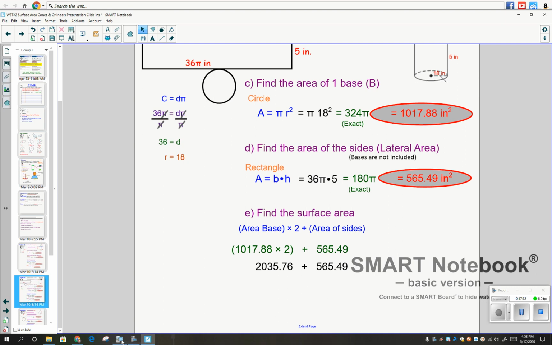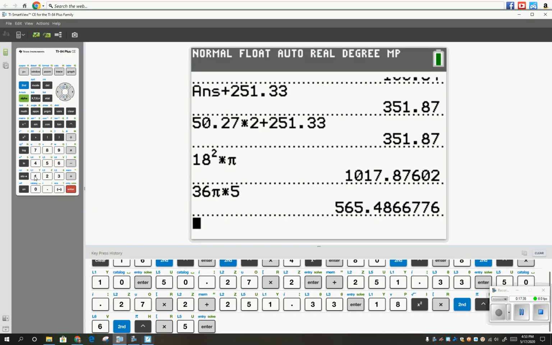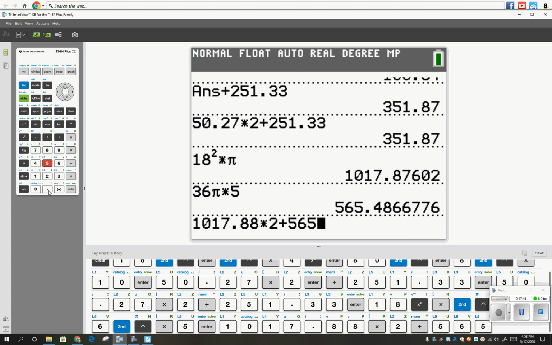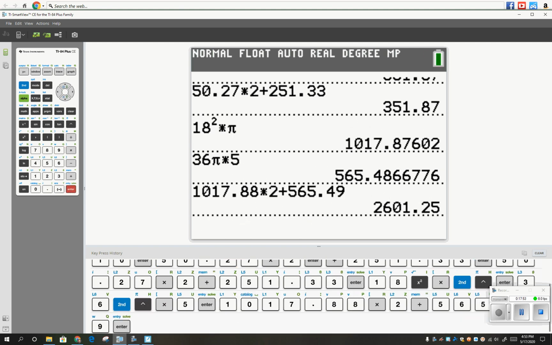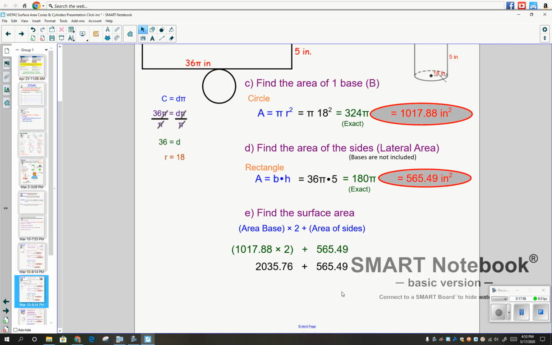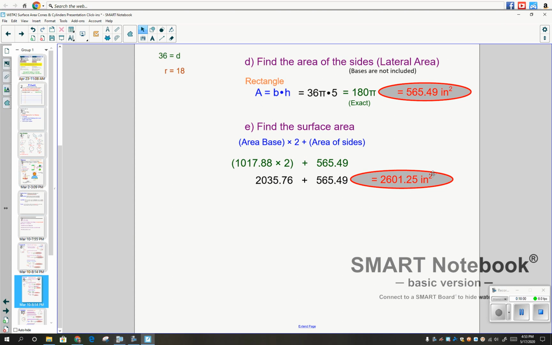Add that to 565.49, which you probably could just do in your calculator, 1017.88 times that by 2 because there's 2 bases, plus the sides, which is 565.49. And I get 2,601.25 square inches. Because it's area, and area is always the unit of measure squared.